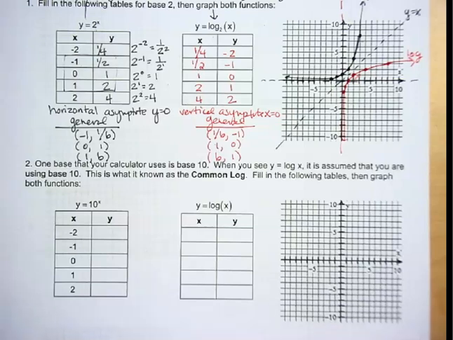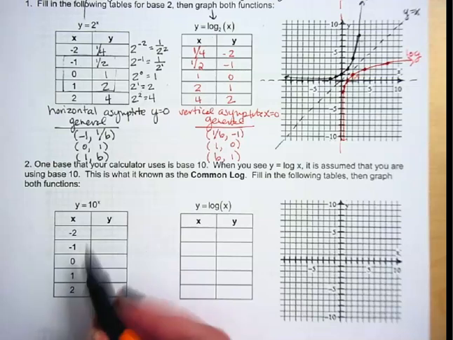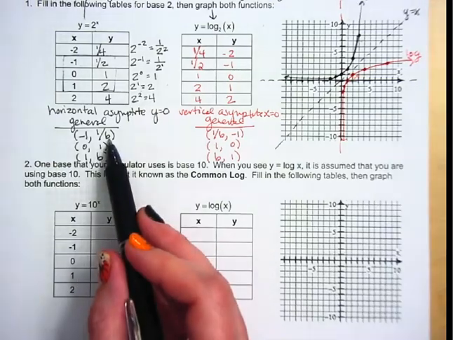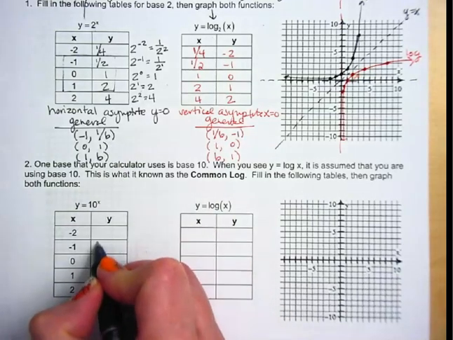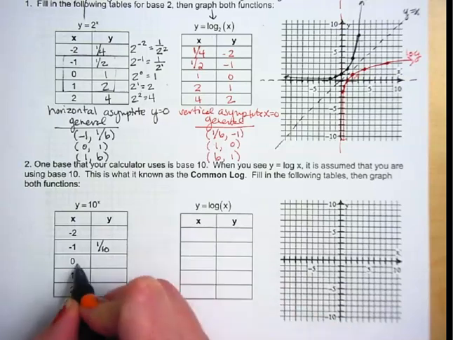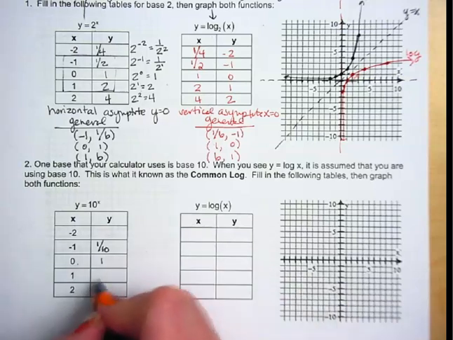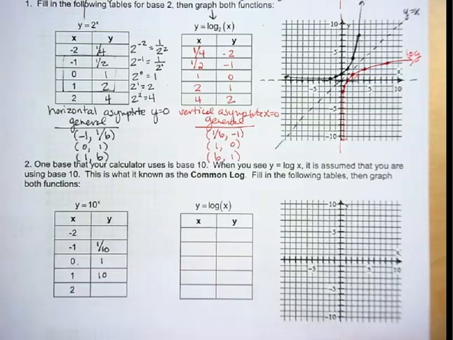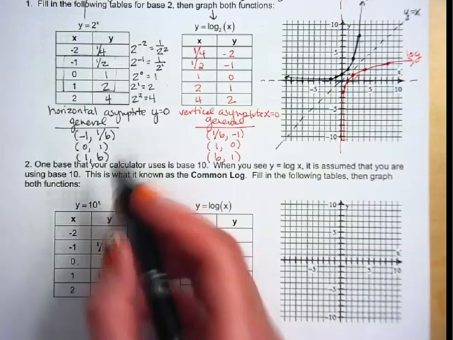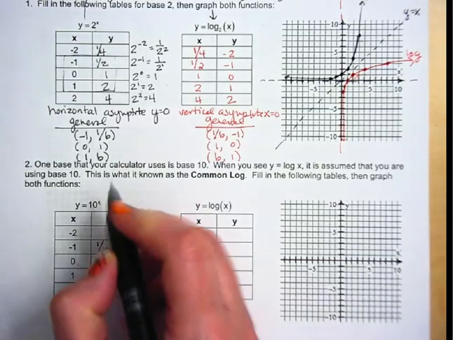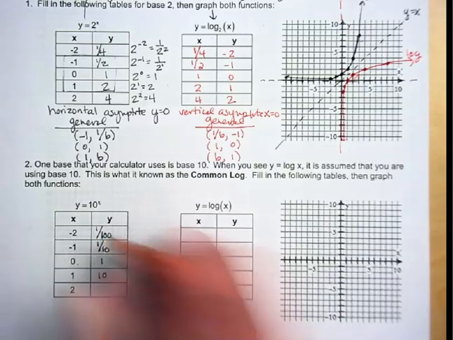So I'm going to do my 3 general points first. On exponential, when x is -1, y is 1 over whatever the base is. And here the base is 10, so it's 1 over 10. 0 gives me a y of 1, and 1 gives me a y value of b, the base, which is 10. Plugging in -2 gives me 1 over 10 squared, or 1 over 100.